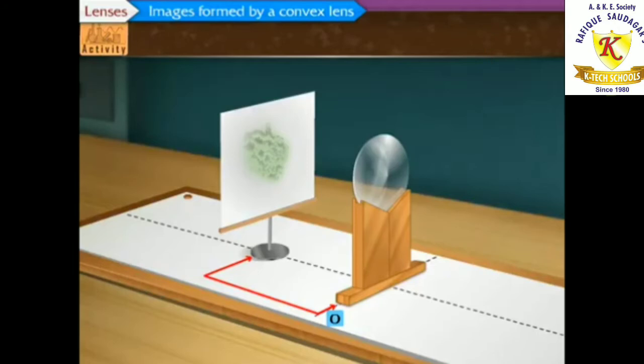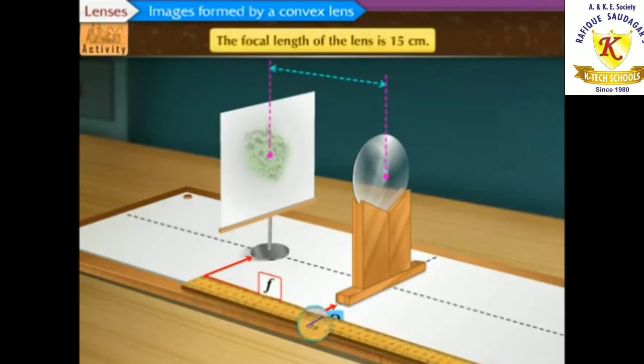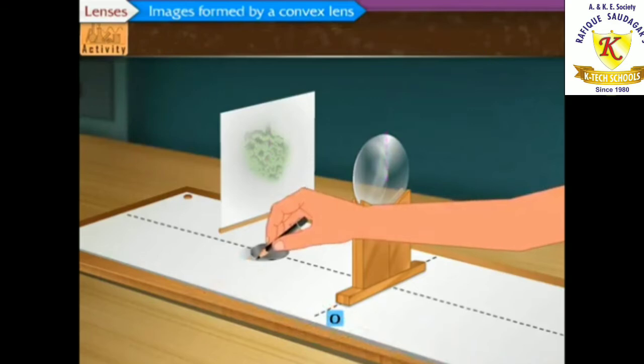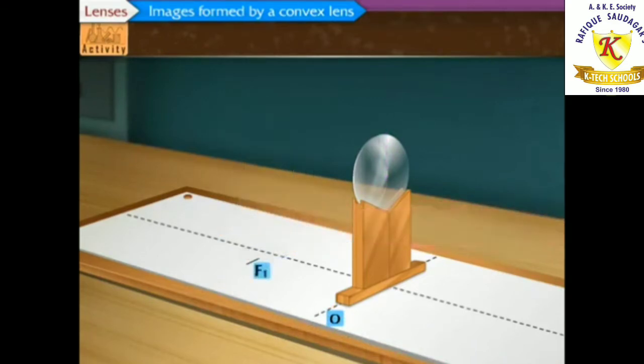So this distance is known as the focal length. It is denoted by F. The focal length of the lens is 15 cm. Mark it as F1.